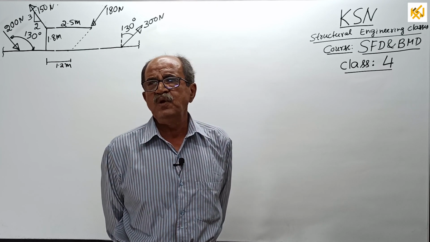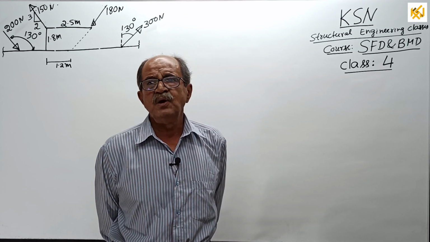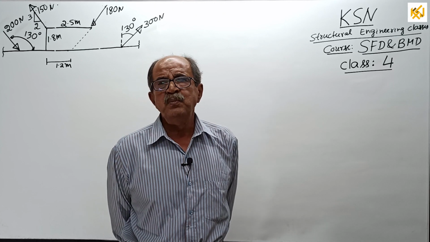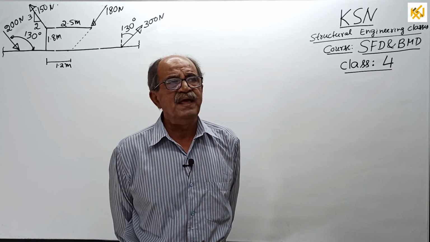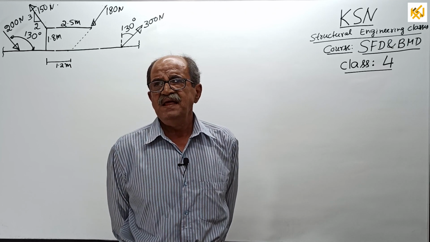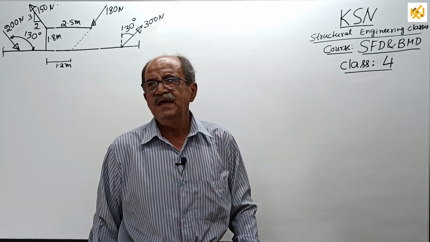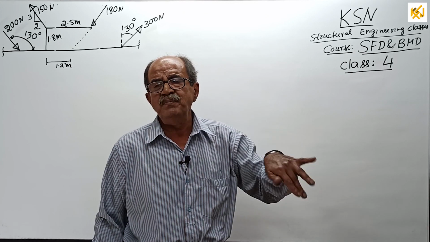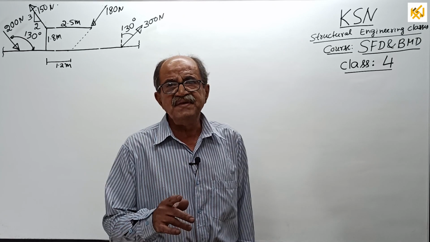As I told, you require this for some particular chapters or parts of structural engineering, like compound stresses or principal stresses, where you have to find stresses on an oblique plane, or arches to find radial shear and normal thrust, and in some places, or for inclined beams, where you require the component normal to the beam. Therefore, first I will give an example.